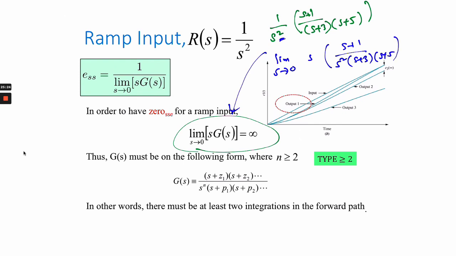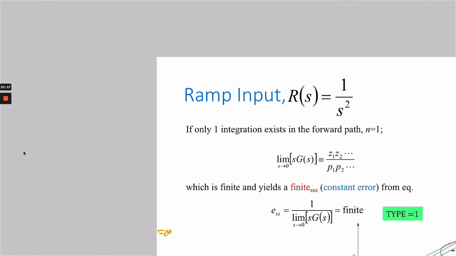We can cancel out this s first, and then put s approaching 0. The terms become 1 over 0 times 3 times 5, which is 1 over 0, which equals infinity.